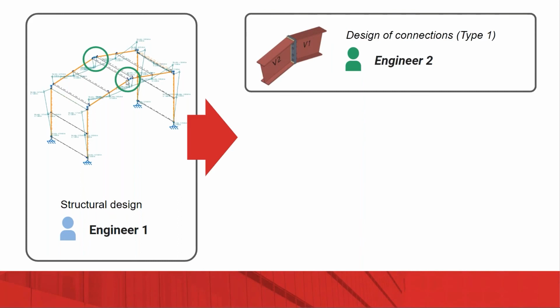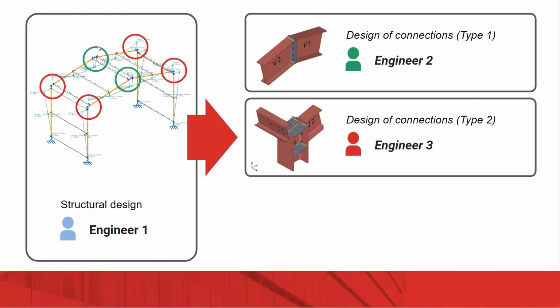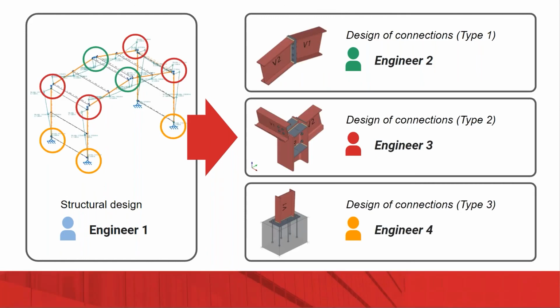With CYPE Connect, we can create lists of connections. So we can, for example, assign one type of connection to one engineer, a second type of connection to a second engineer, and another type of connection to a third engineer. Here we can use the library of connections to split the work between different professionals that are modeling and analyzing the connections at the same time.